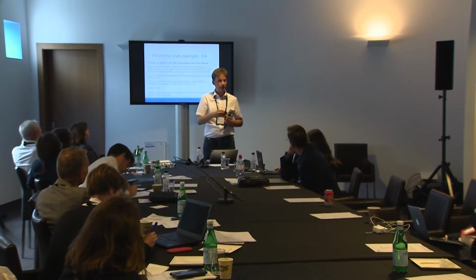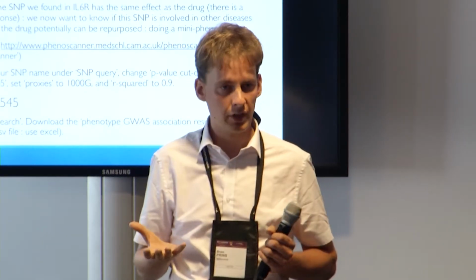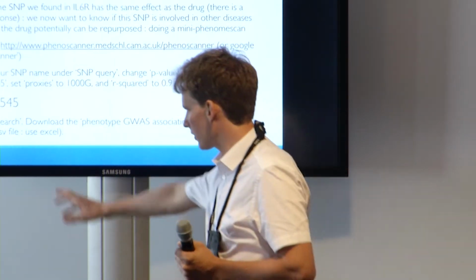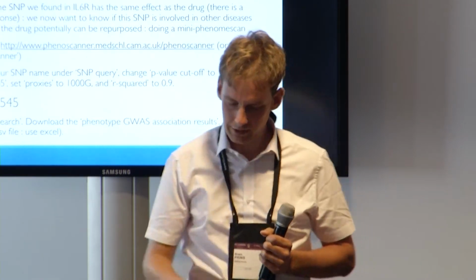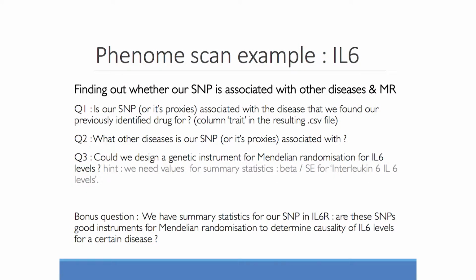There is a drug already developed for this disease. So maybe you can actually repurpose this drug for another disease, which is why we're going to do the lookup. We're going to use our original SNP, then press search. And then a couple of questions. Is our SNP or our proxy associated with the disease that we found?